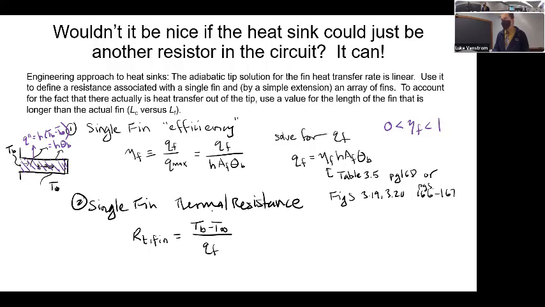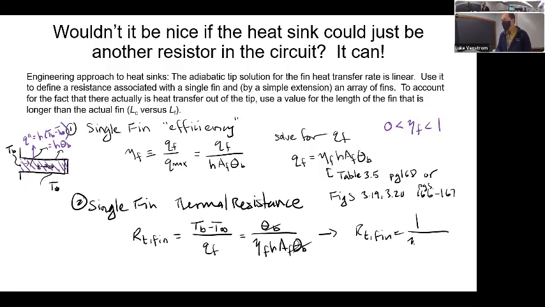So if this is 2, all we're going to do is take our work up here in 1 and substitute it into this definition. So I have a theta B on the top divided by eta F h A F theta B, and the theta B cancels. So the single fin thermal resistance is just 1 over the fin efficiency times h times the area of the fin.